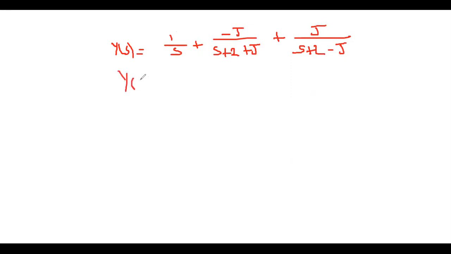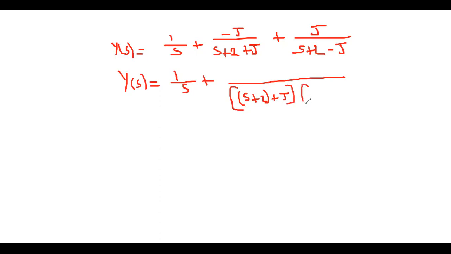So y of s is equal to 1 by s plus, and the denominator I'm taking here s plus 2 plus j whole multiplied with s plus 2 minus j. What do we have here?